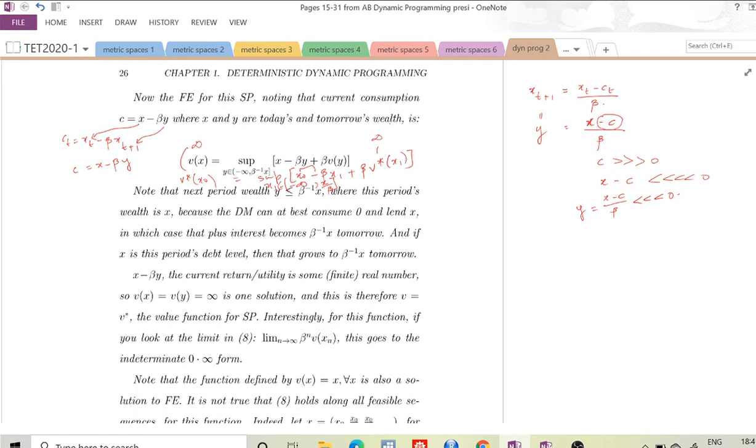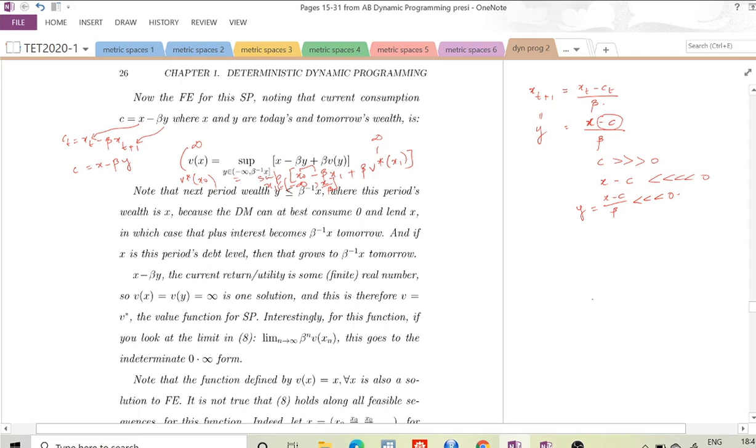So I'm not going to treat the V star there. Remember that this is this transversality kind of condition. Here, it's a sufficient condition for a particular solution V of the functional equation to be the value function V star. Okay, it's a sufficient condition.